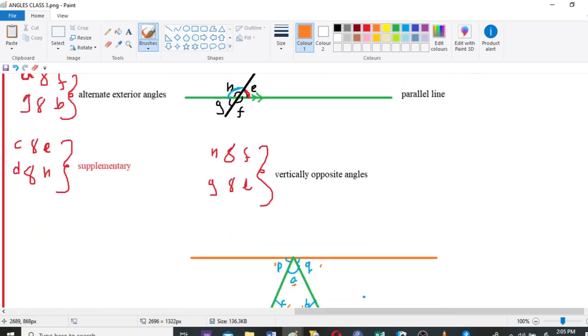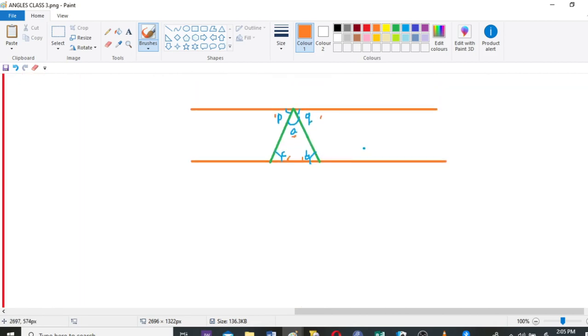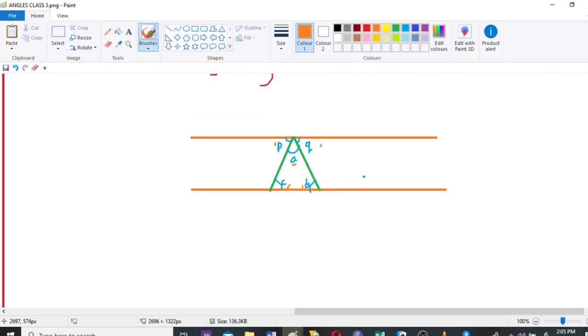Now to do that, let's review them and let's apply those properties here. Look at angle P and, let's say, angle C. What do you recognize from the previous properties we are looking at?